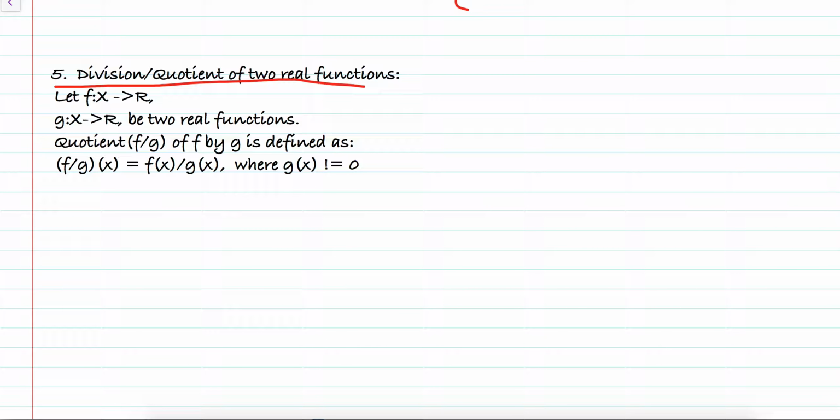So now we will look at some examples where we will use these operations.